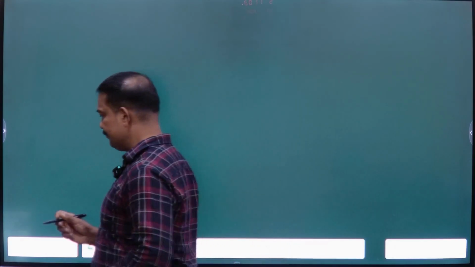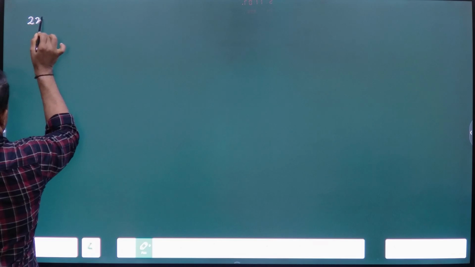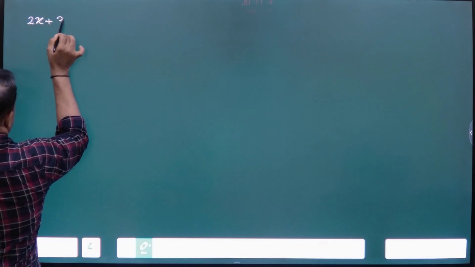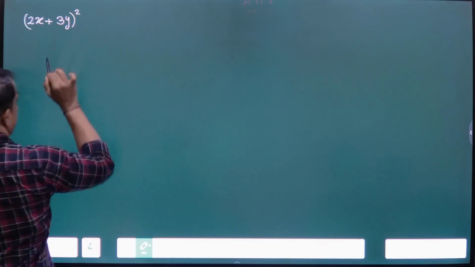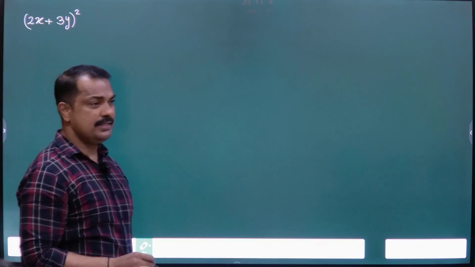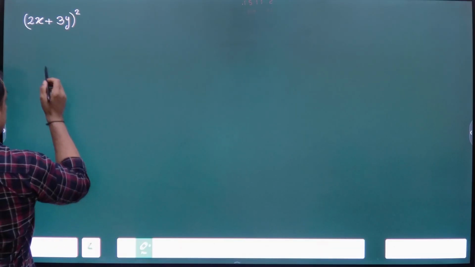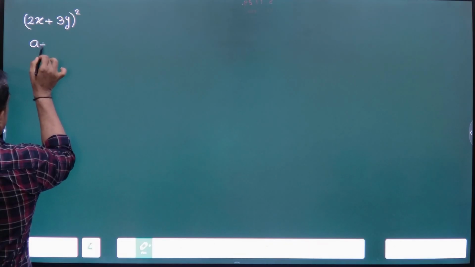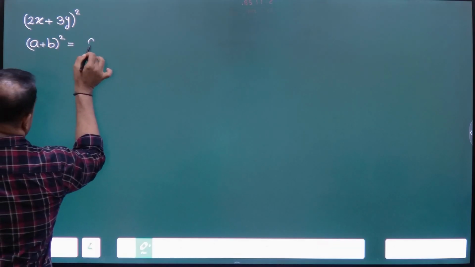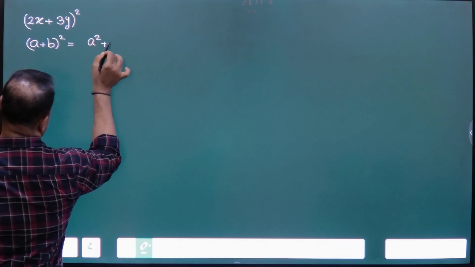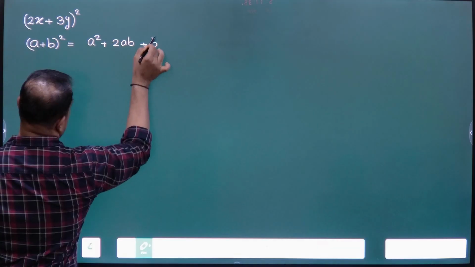Question number 1: 2x plus 3y whole square. Which identity have to apply here? So first write that. In all questions you have to write the identity. First write the identity a plus b whole square is equal to a square plus 2ab plus b square.